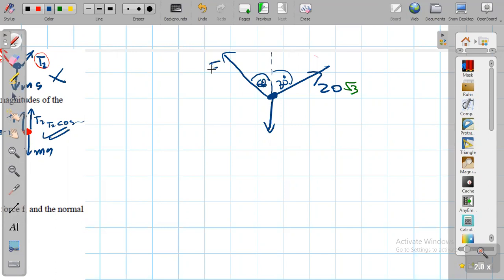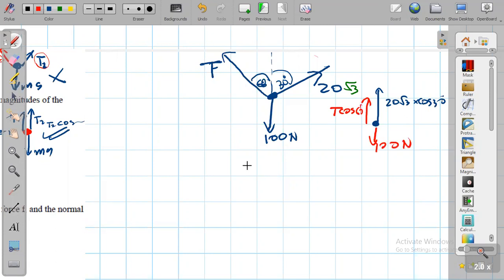What is the tension T here when the force is 100 Newton downwards? So now it's a numerical answer, right? From the right hand side, 20 root 3 cos 30. The other one, T cos 60. And the downward force is 100 Newton.